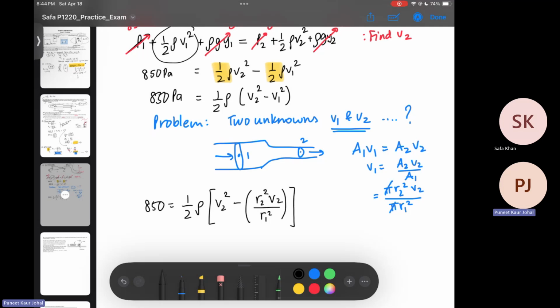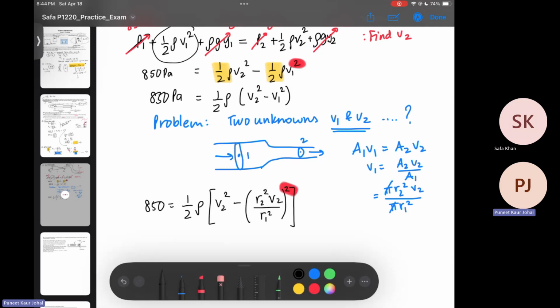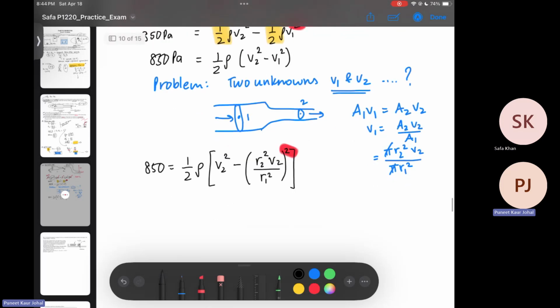One common mistake that students make is they forget to write this squared, because the r has a squared already, right? So they usually forget the other squared, and this is where they might get the answer wrong. I used to make that mistake, so I remember, but that's all.